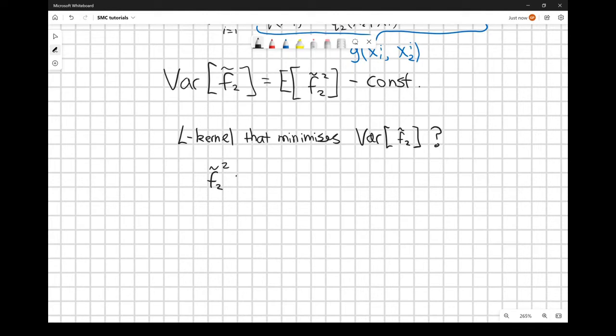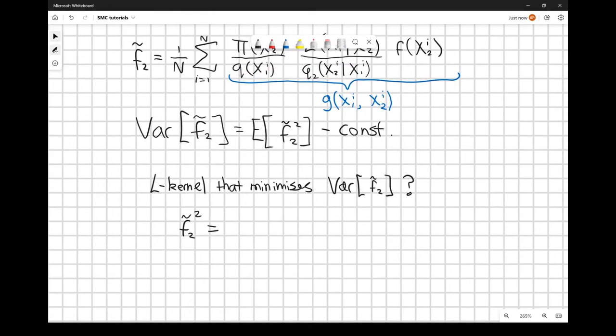Okay, so that'll be equal to, well, obviously we have a 1 over n at the front, so we're going to end up with a 1 over n squared. Now what we have here is a summation of lots of terms, n terms.